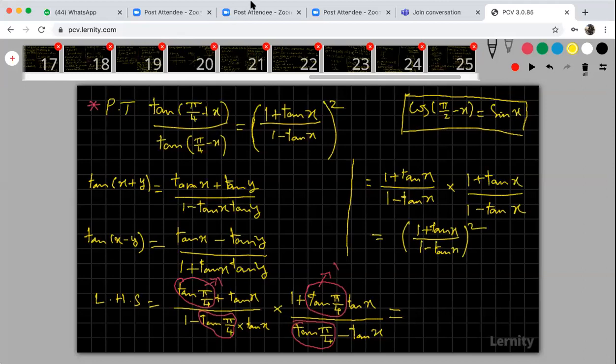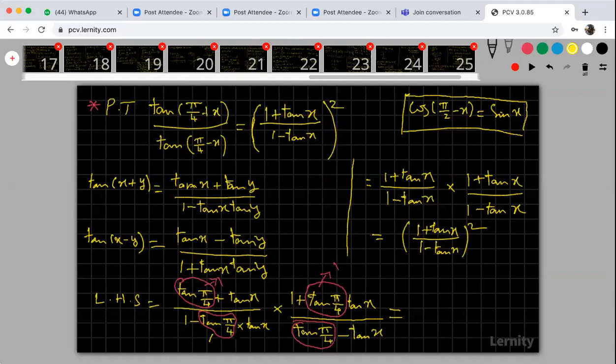Are you okay? Which is 0? 1 minus 1, where is it coming? Left hand side, step 1. Here this is 1 into tan x. Here 1 plus tan x, here this is 1 into tan x.